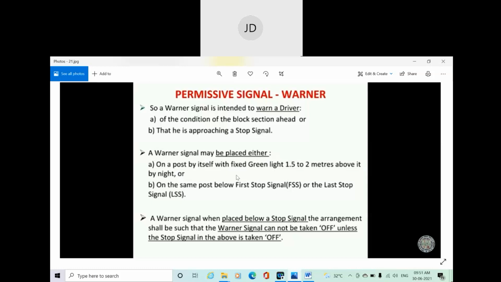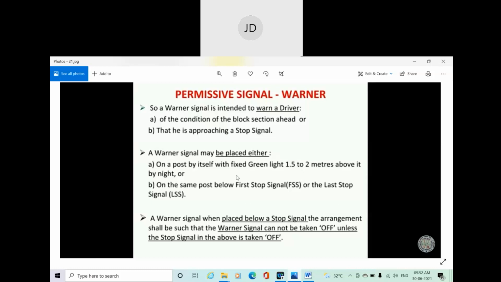That means a warner signal can be installed on a particular post, just like a semaphore type. Above the arm there will be a green light, which is used at night. The green light is installed 1.5 to 2 meters above the arm, so that from far away he can identify there is a warner signal.